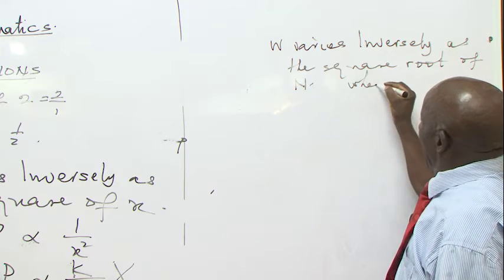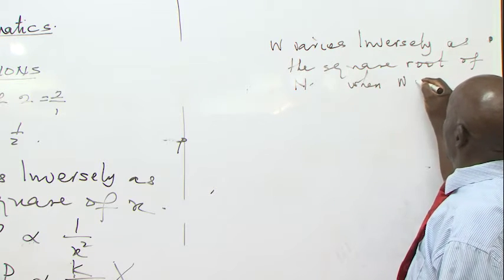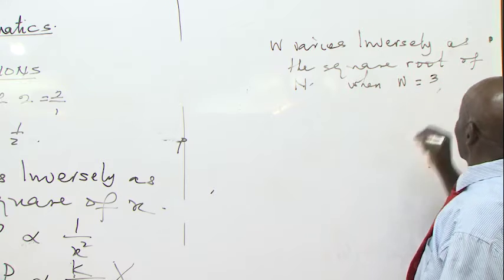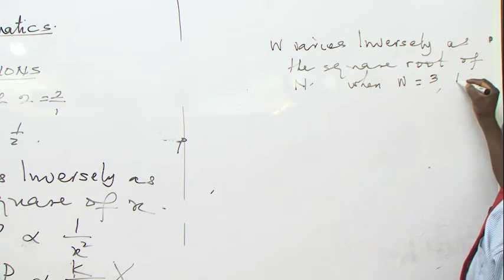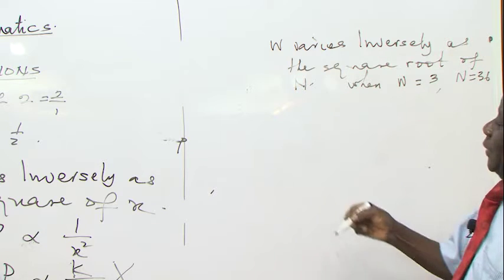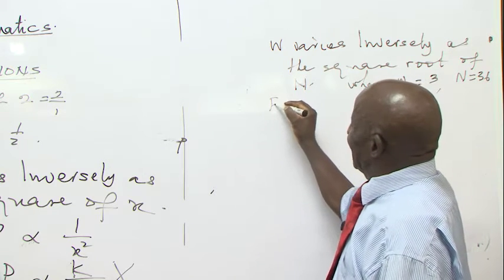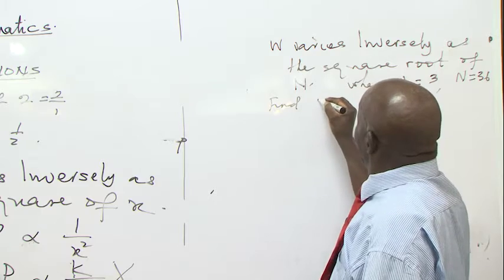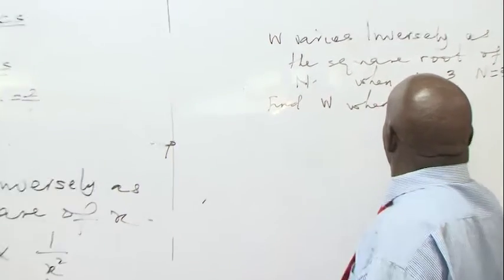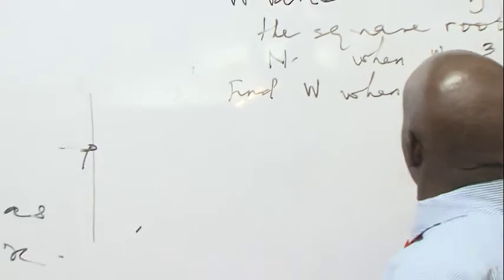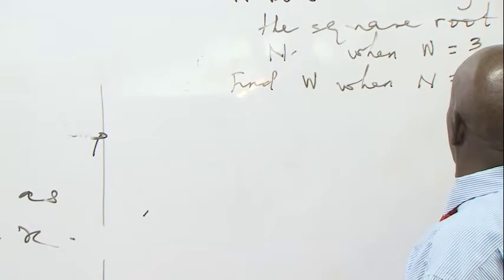When W is 3, n is 36. Then the question says find W when n is 1 over 4.